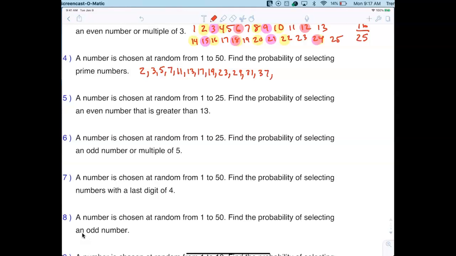Here's one that people miss: 39. It's 13 times 3, so 39 is not.